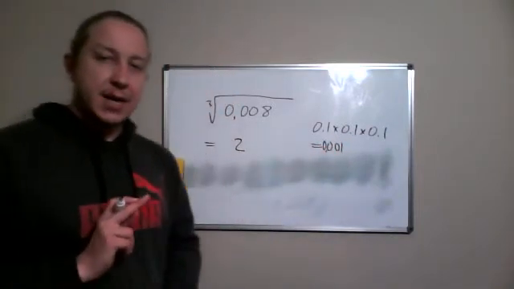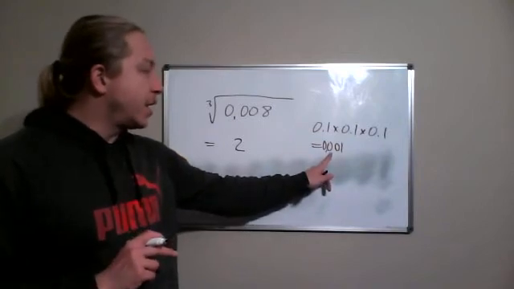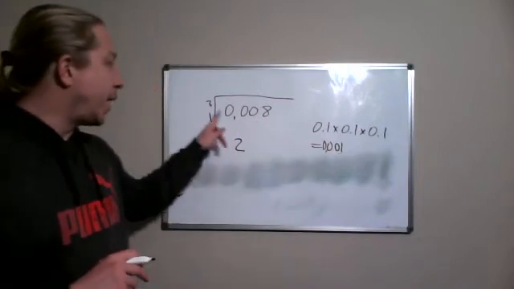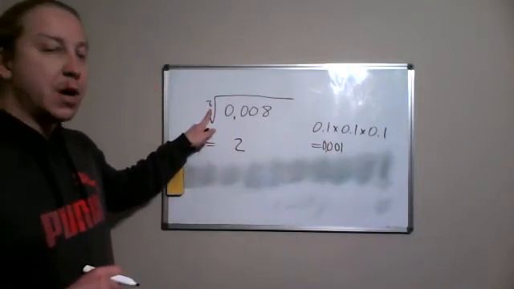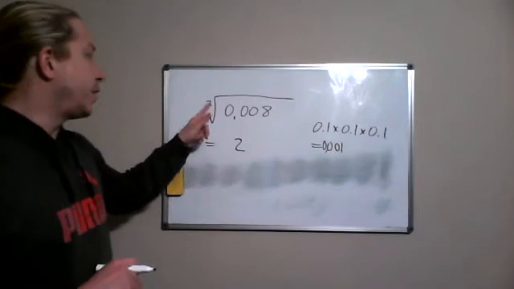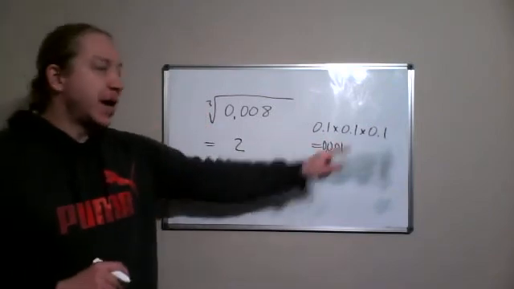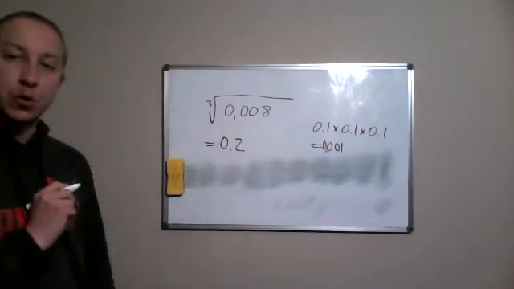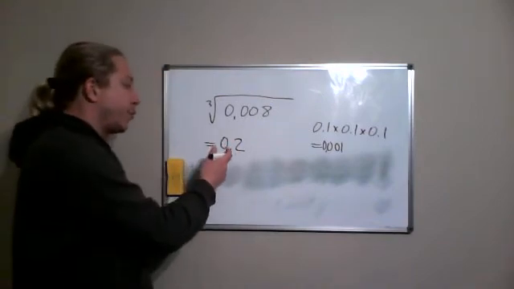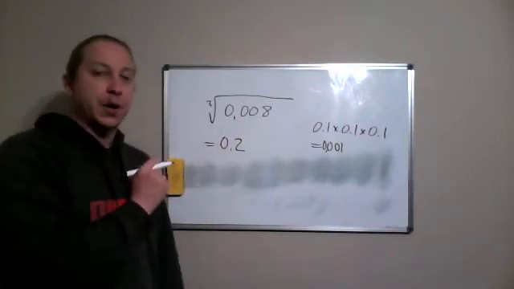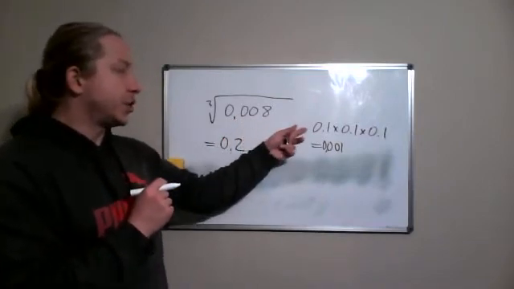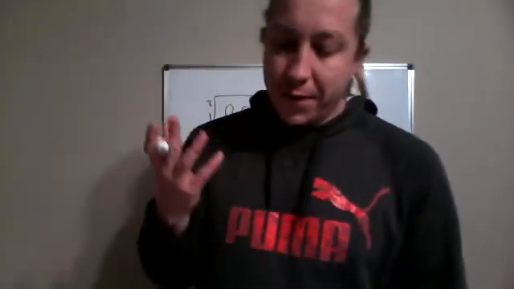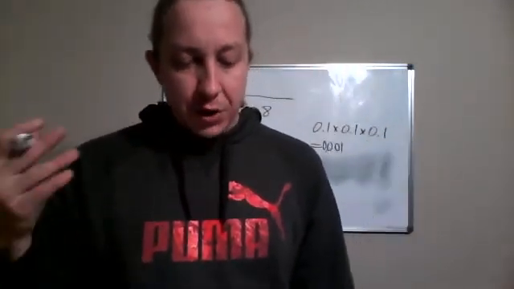What I'm trying to say is count how many decimal places we have and divide that by the kind of root that we have. So 3 decimal places divided by 3 means each number is going to have 1 decimal place. The answer here is 0.2. We can test it: 0.2 times 0.2 times 0.2 is going to be 0.008, just like this is 0.001. It's not a very complicated trick, but you have to keep that in mind.